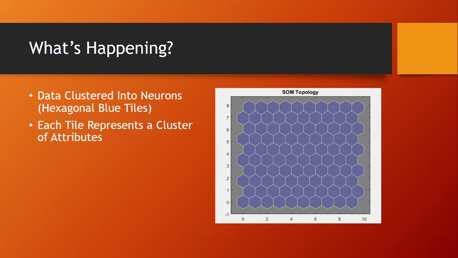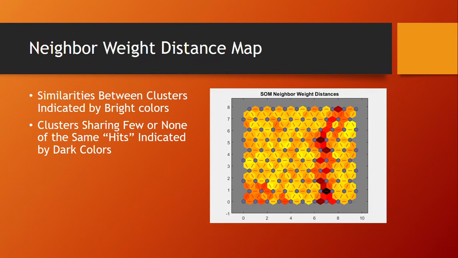Each one of those blue hexagons represents a collection of attributes, and we are going to look at the relationship between them. Each blue hexagon represents a cluster of attributes, and you can see a rift down the left side of this. That indicates there's a gap between the variables in that part of the map.